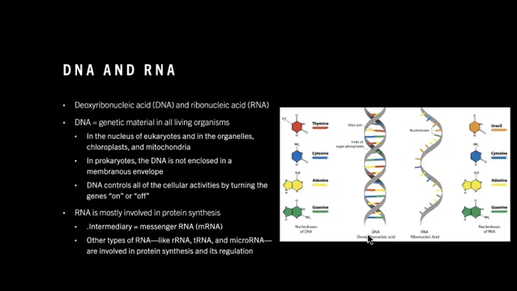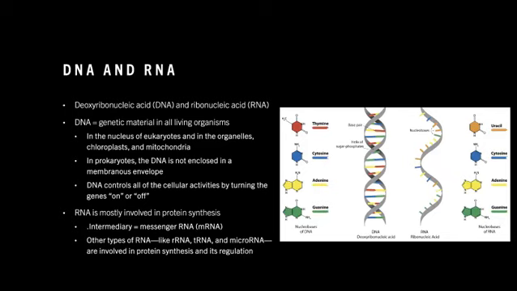And in prokaryotes, so our bacteria and our archaea, the DNA does not have a nucleus. Instead, it's within an area we call the nucleoid region. And our DNA also helps to control all of our cellular activities, turning certain genes on and off. Whereas RNA's role is mostly involved in protein synthesis.